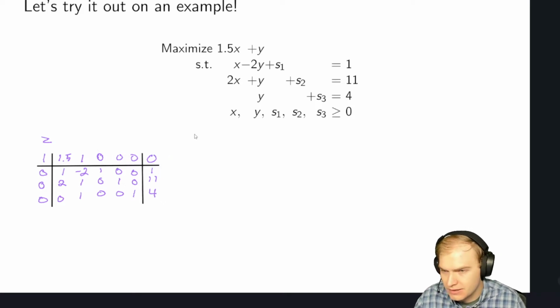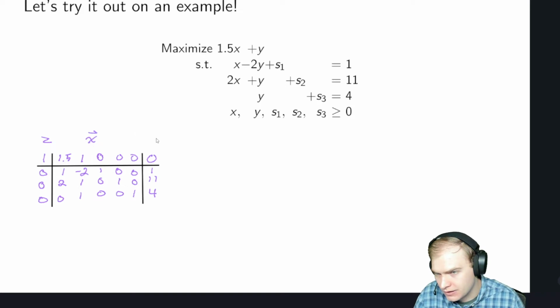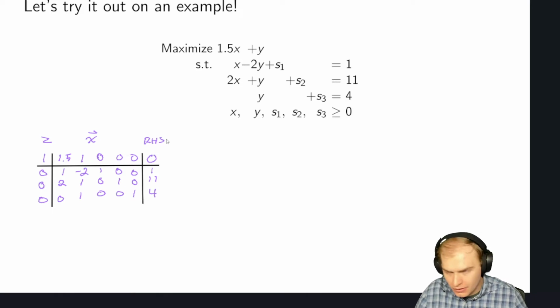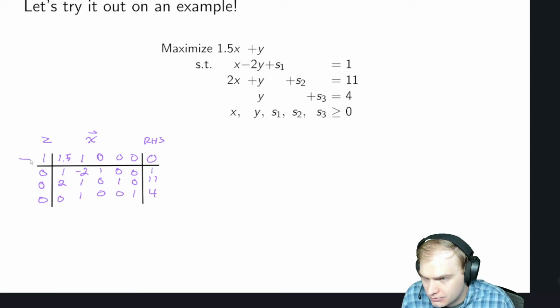So how do we read this? This is our x section and our right-hand side section. What does this say? Well, this row that's separated is our objective, and this is our constraints.